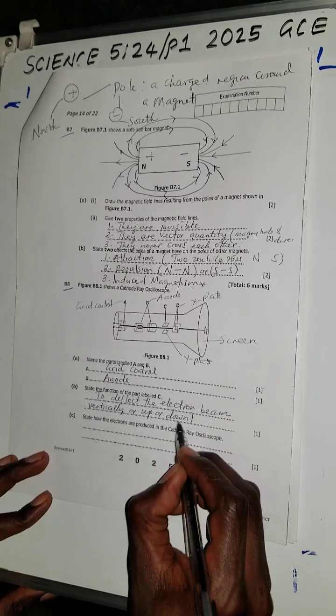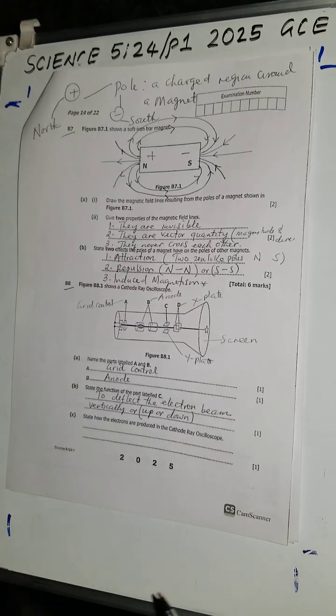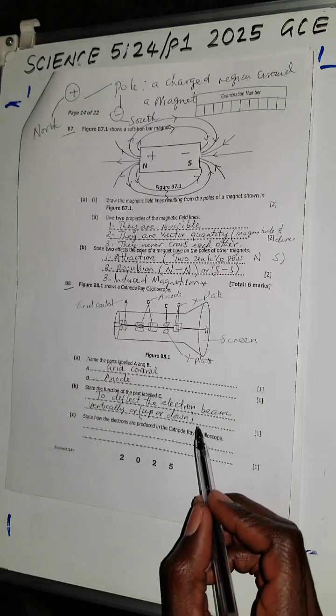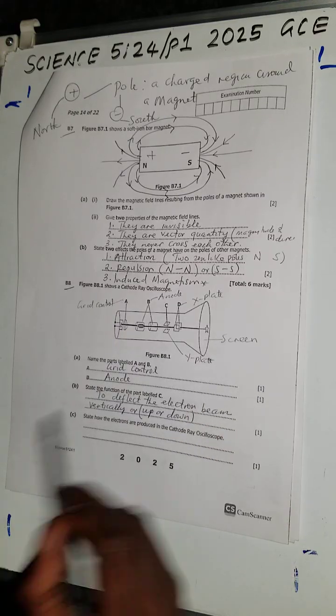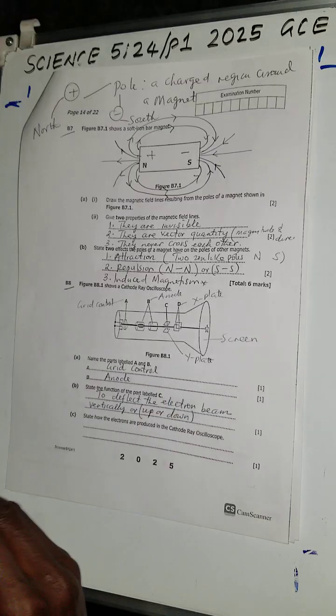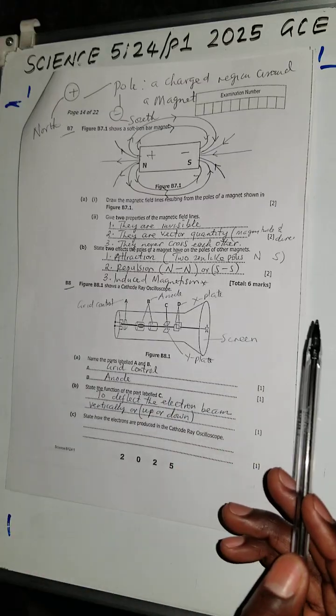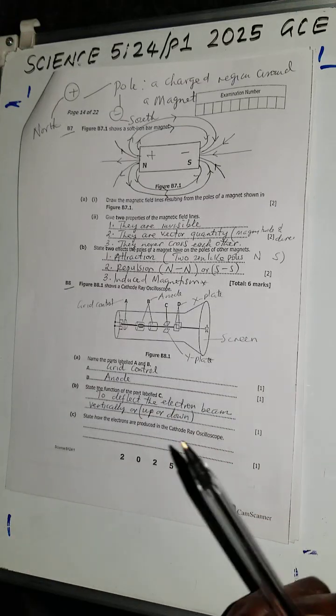That's what you can say. That's the role of the Y plate, as opposed to the X plate, which deflects the electron beam horizontally, or left or right.